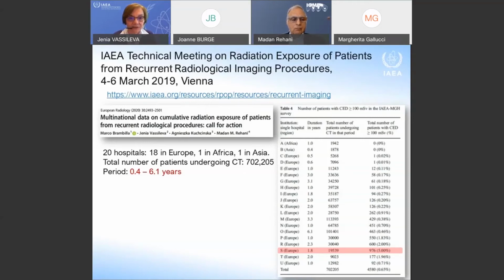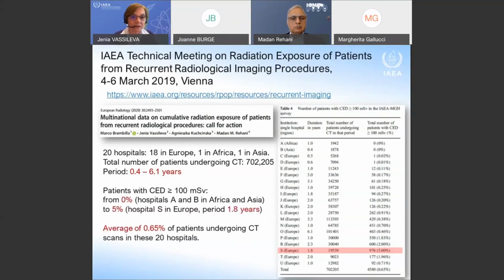A big variation was found in the numbers, first because of the difference in practice, but also because the period of data collection was different. The access to data was from 0.4 to 6.1 years.